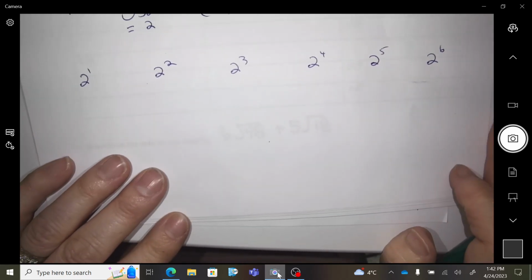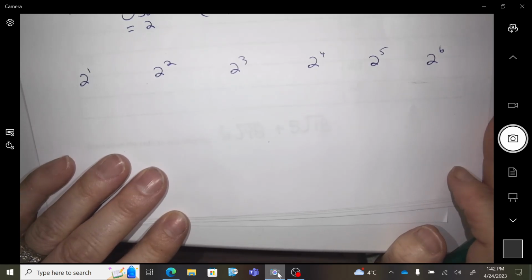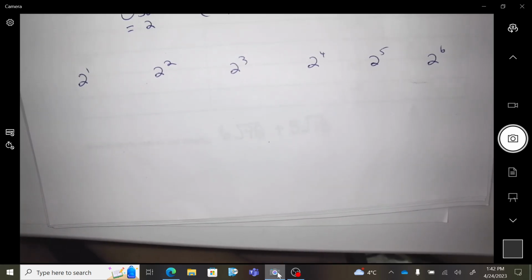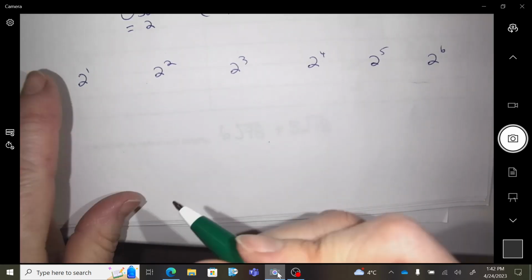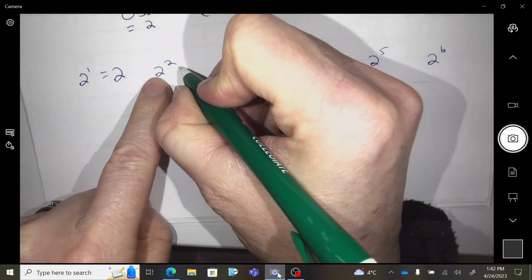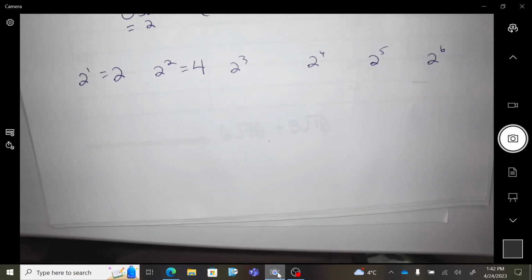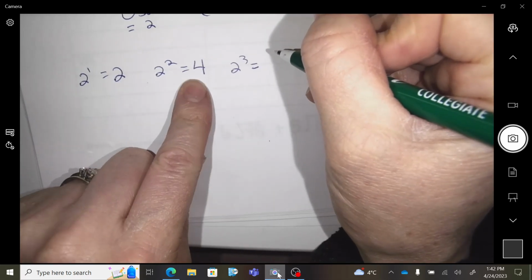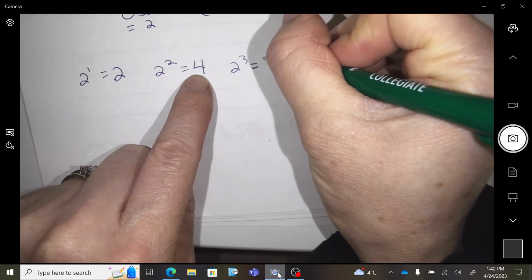Okay, let's get these numbers down pat. Did you notice that we had to use these a lot? 2 to the 1 is 2. 2 squared is 4. So what is 2 cubed? 8.